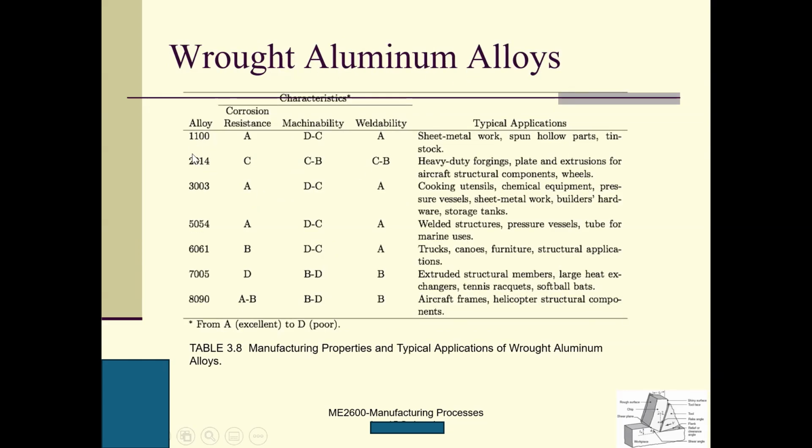These are labels here, and these are characteristics in terms of corrosion resistance, machinability, and weldability. Weldability means the degree of difficulty when you weld the aluminum alloy together. These are typical applications. I will not read this one. You can just take a look.